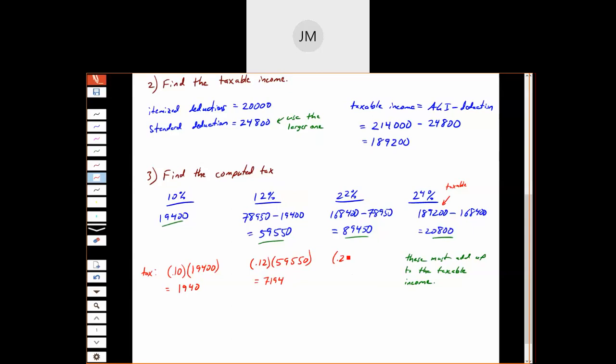We're going to take 22% of 89,450. And for this last one, we're going to take 24% of 20,800.